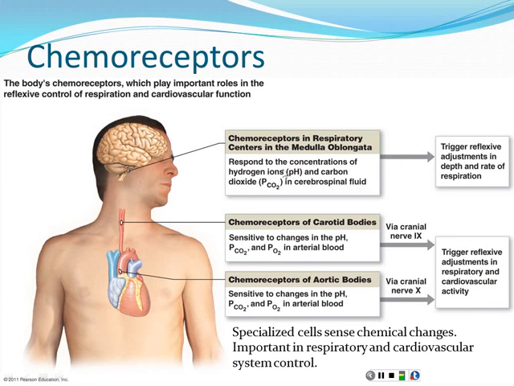So we have three different places in the body where these levels are detected all the time. In the brain itself, in the respiratory centers of the medulla oblongata, we have a pH sensor and a PCO2 sensor. In the carotid bodies that go to the brain, we have the same thing: pH, PCO2, and PO2 detectors.